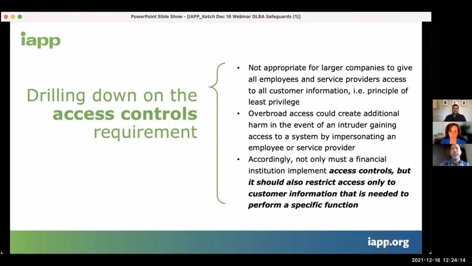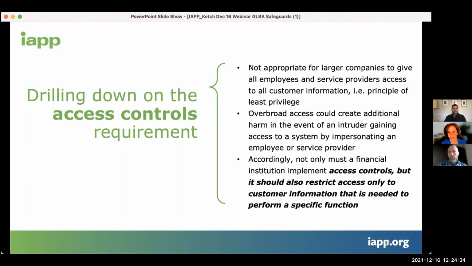And again, this really implements the principle of least privilege, and it is irrespective of electronic information systems, but also applicable to physical locations.